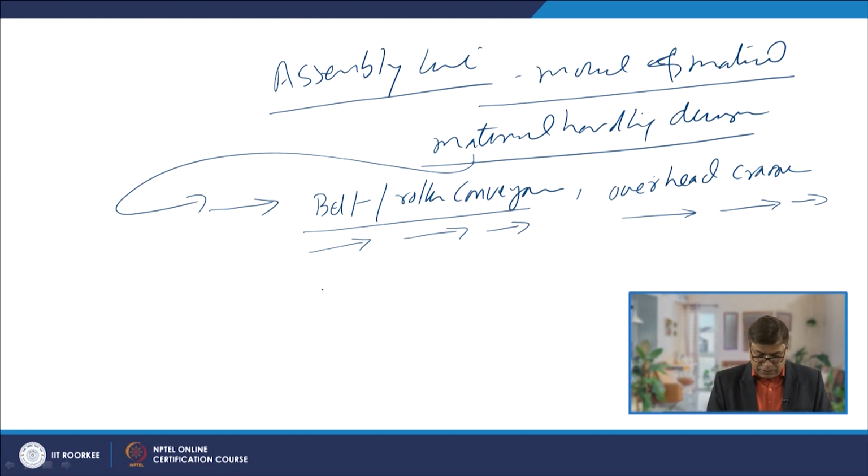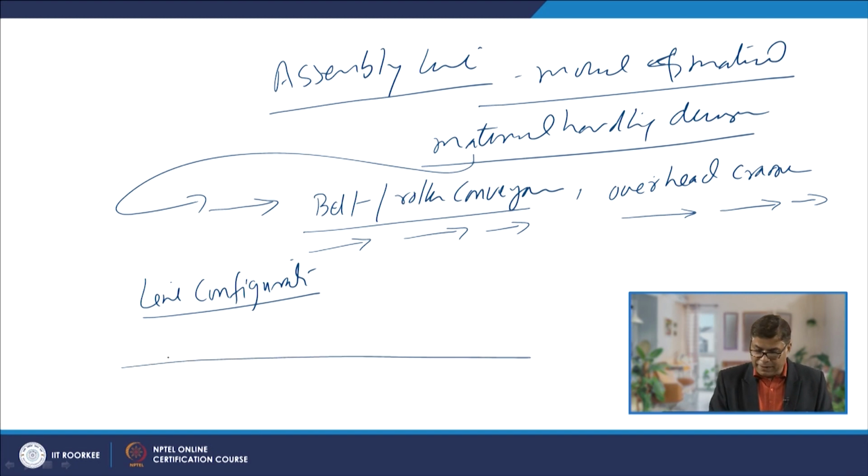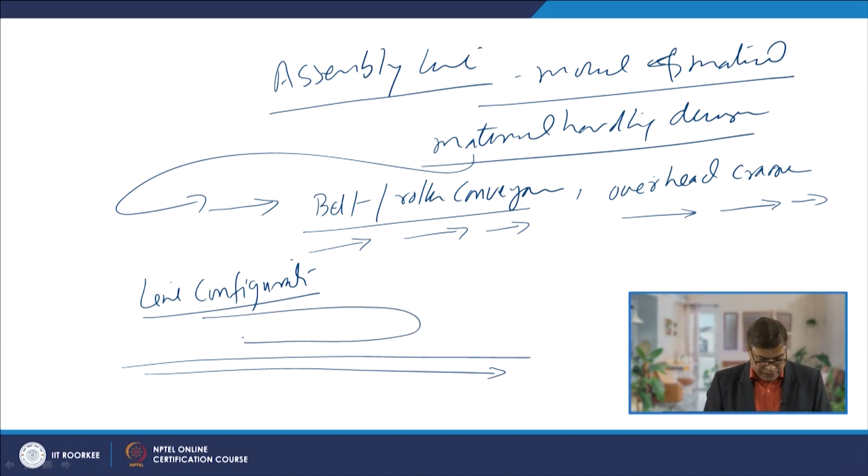Now the other one is the way by which the line is arranged, that is, the line configuration. The material handling device may be arranged in a straight manner, like the belt conveyor moving things in a straight line, or the belt conveyors moving the materials in a U shape.